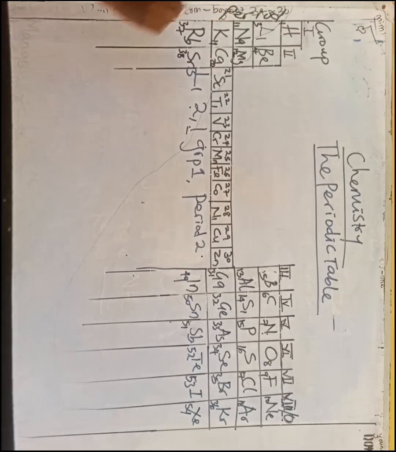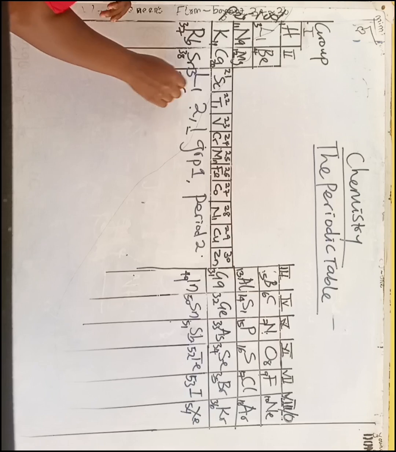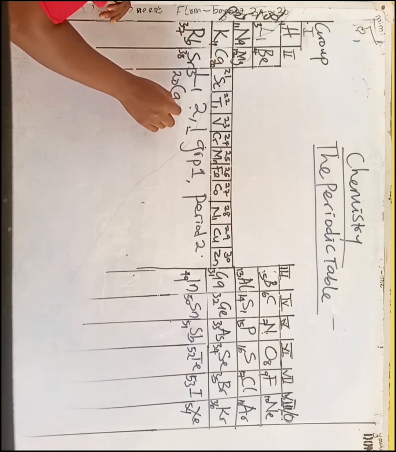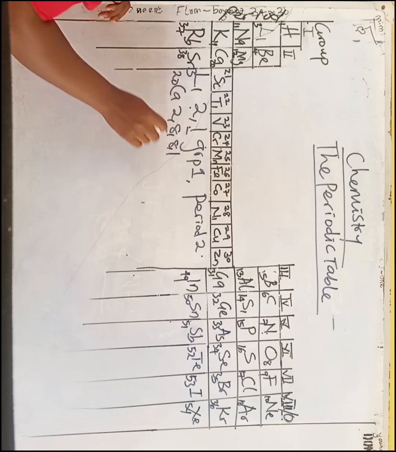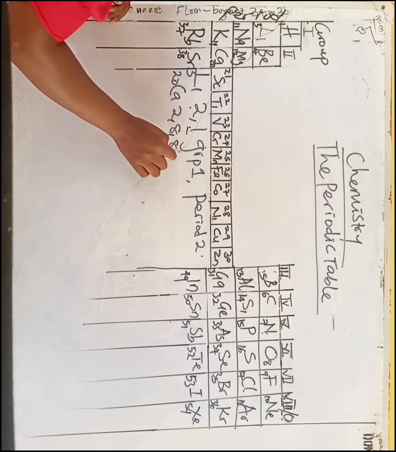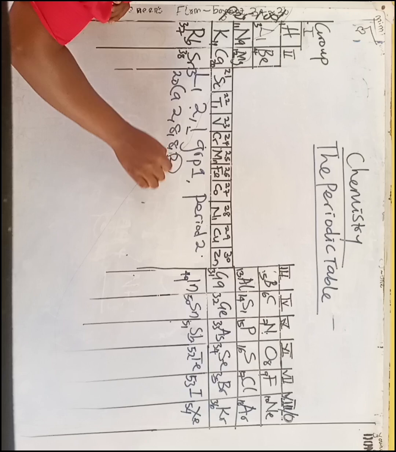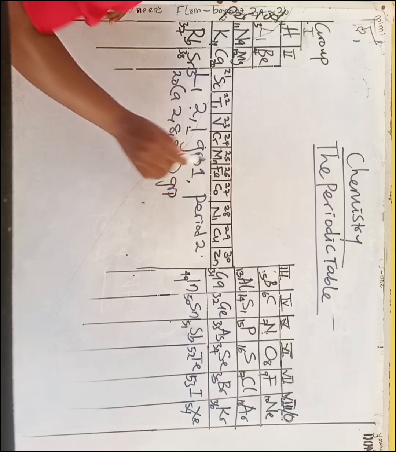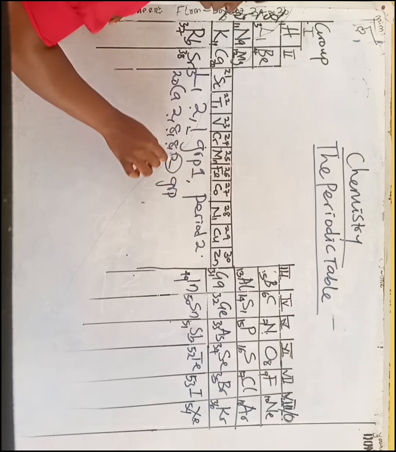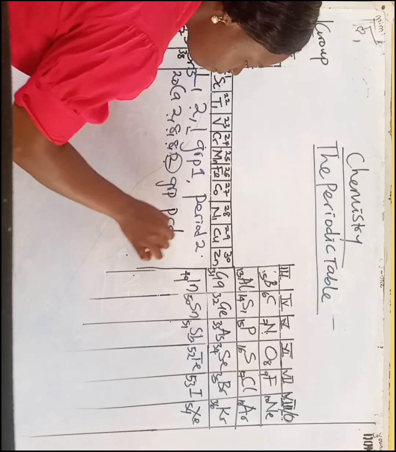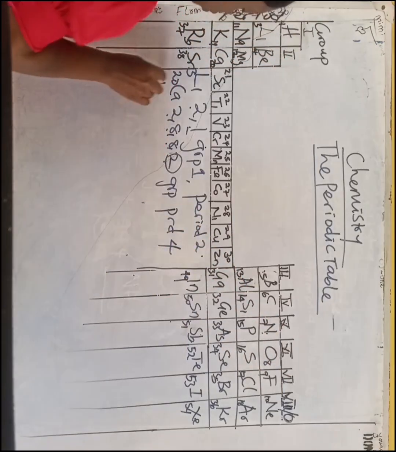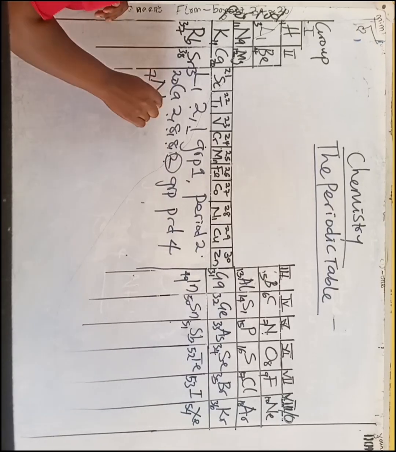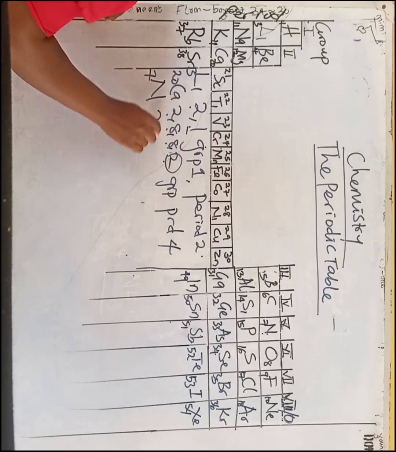Okay, let me pick calcium. Calcium is 20 on the periodic table. So I have 2, 8, 8, 2. Sorry. So it is in group 2, period 1, 2, 3, 4, period 4. Okay, let's pick another one towards this side. Nitrogen. Nitrogen is 7, 2, 5.